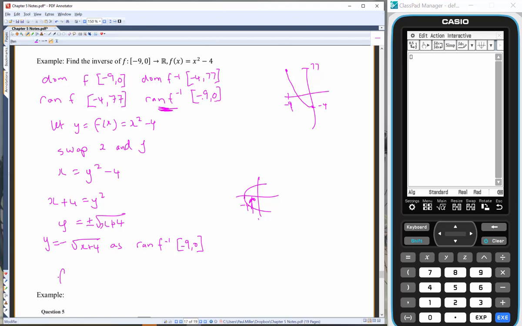Right, let's state our function. f -1 such that domain -4 to 77 maps to the codomain all reals, f -1 of x equals negative root (x plus 4).